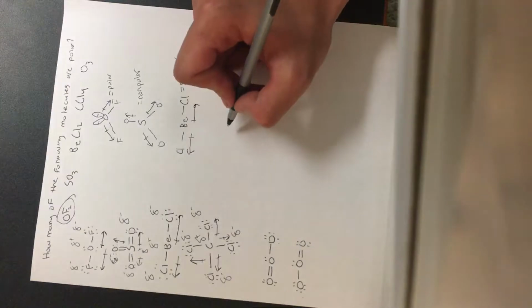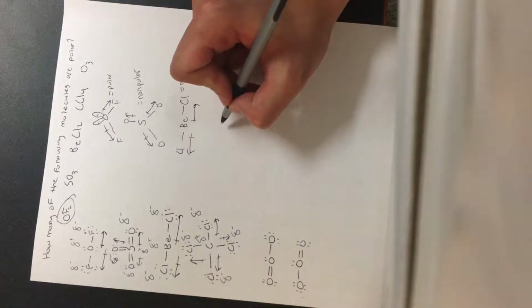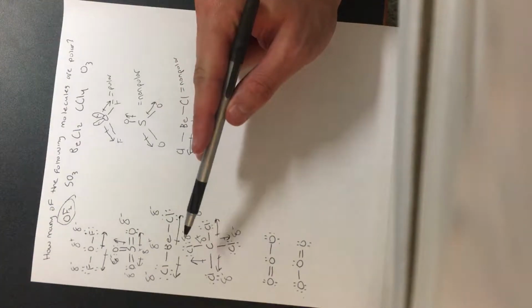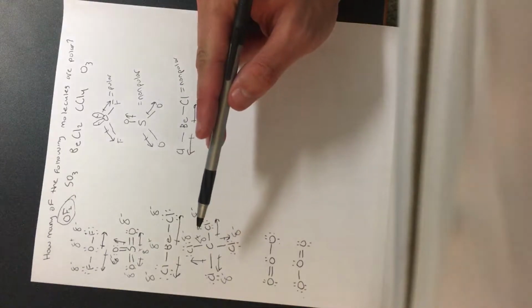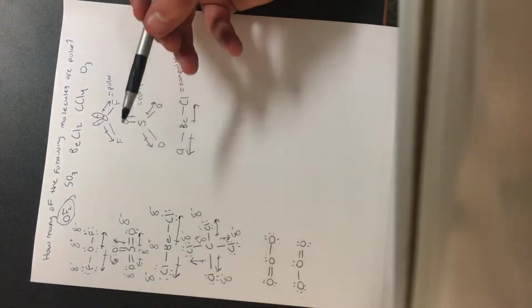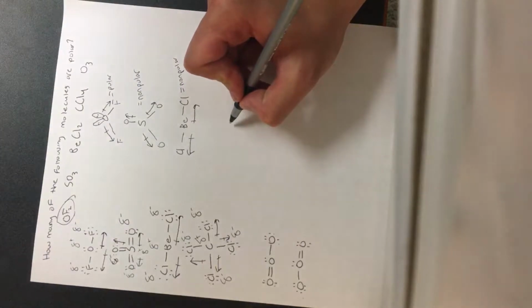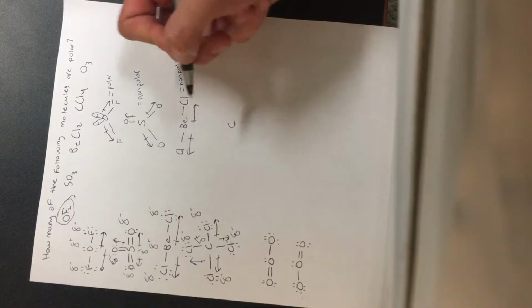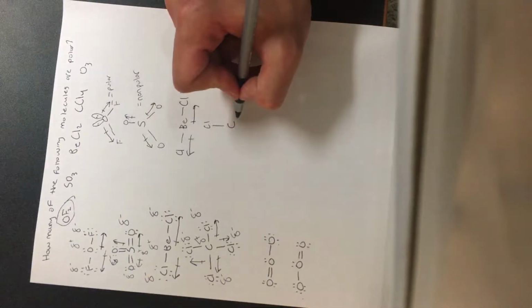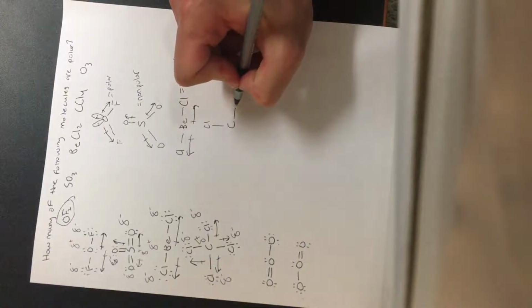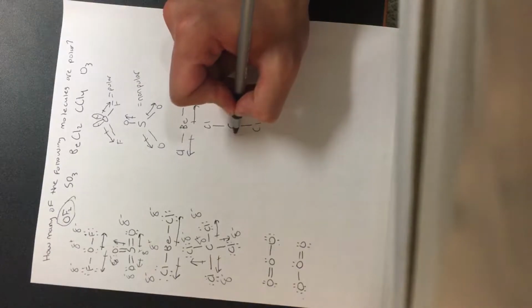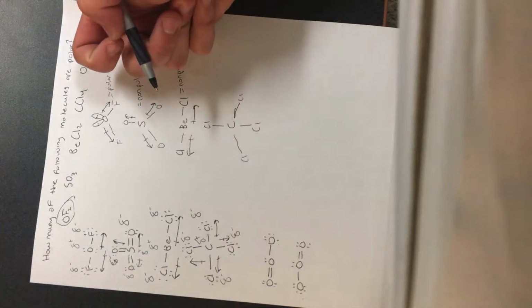Now, since there are 4 bonding domains, this will be tetrahedral. So we can draw it simply like this. Oh, I'm sorry, that should be out here more. Okay.